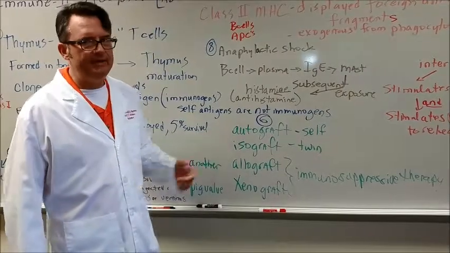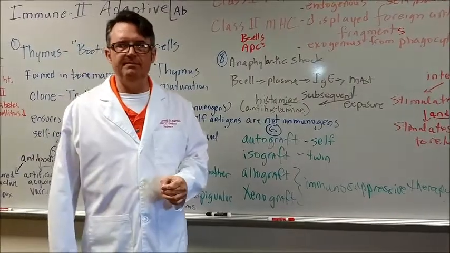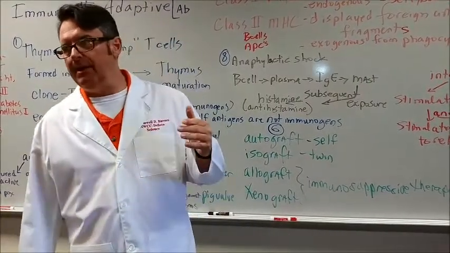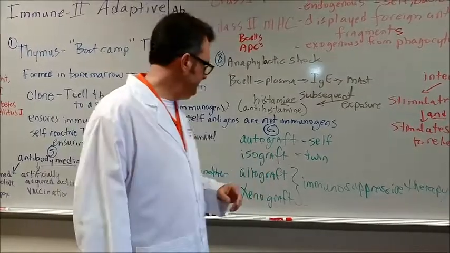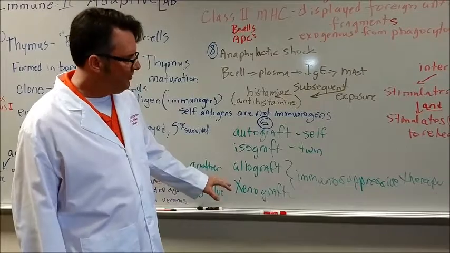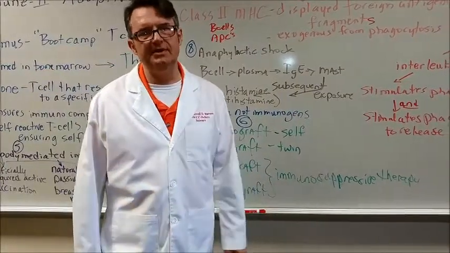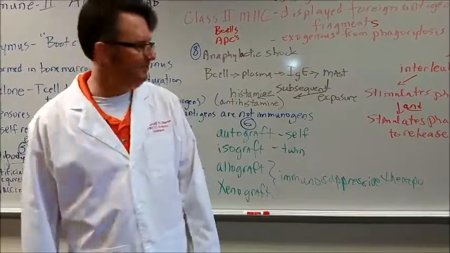An allograft would be like receiving a kidney from another person. And then a xenograft, an example of that would be a person getting a pig valve, a valve from another kind of animal. Allografts and xenografts, both of these require immunosuppressive therapy because the body will try to fight these off and not accept them.